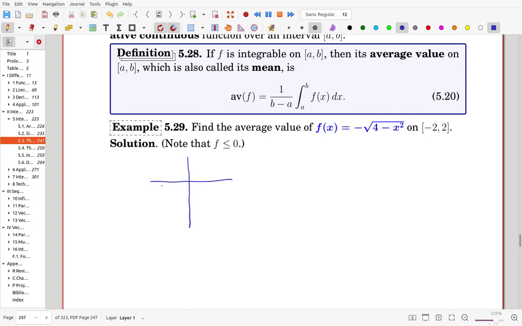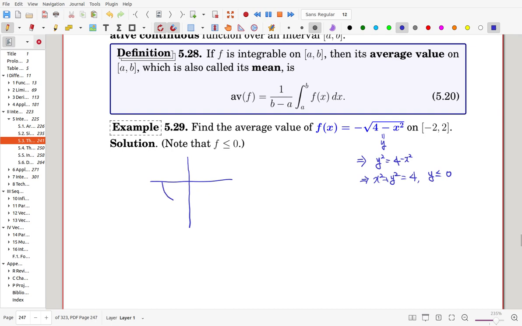Here, once you write the function as y, then y squared is the same as 4 minus x squared, so x squared plus y squared equals 4. Of course, here y must be non-positive. So that is a circle of radius 2.